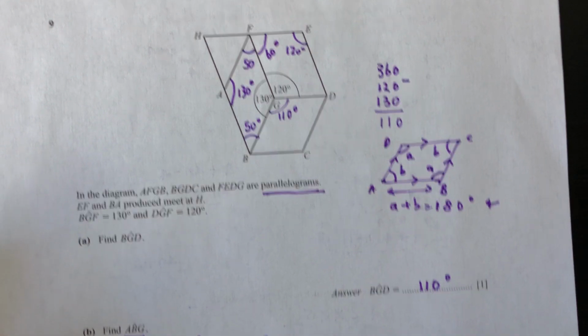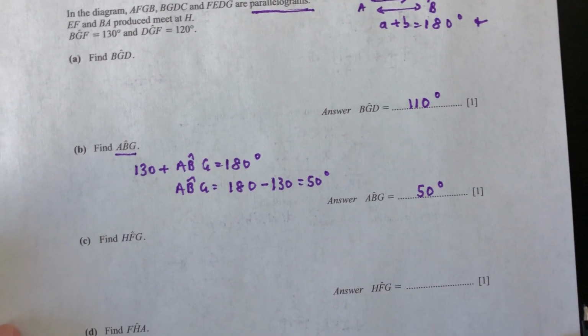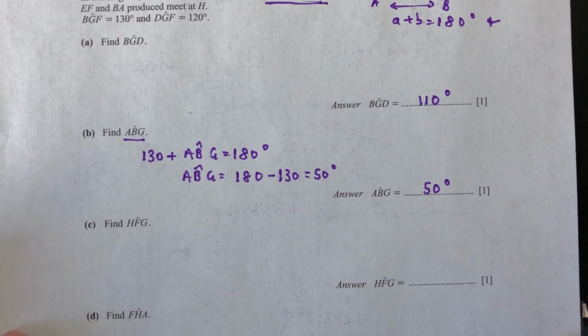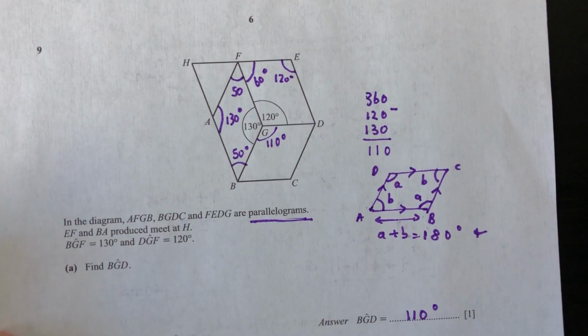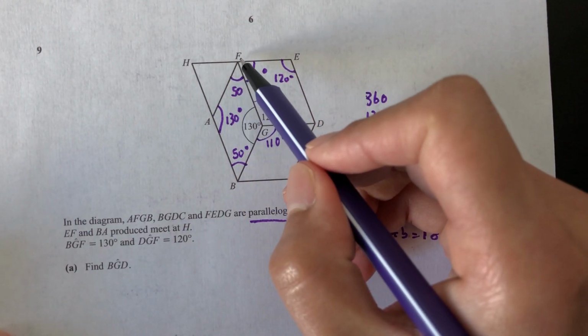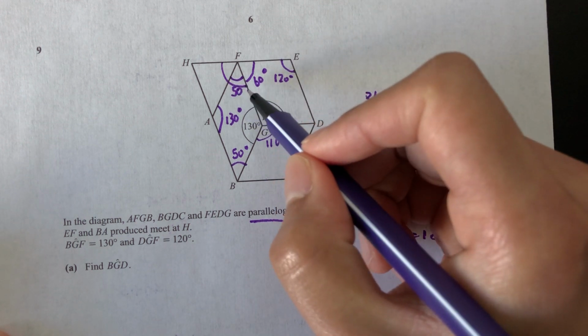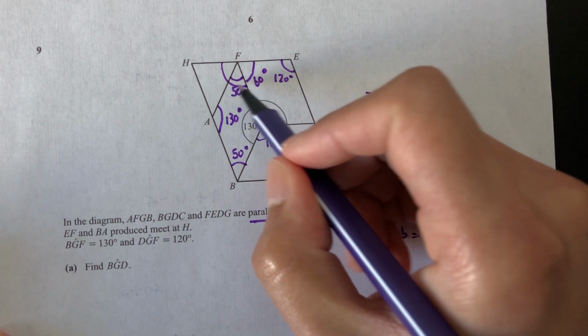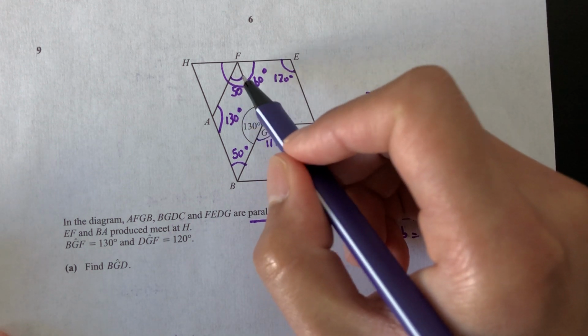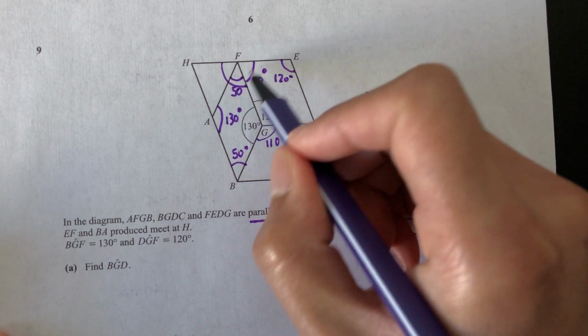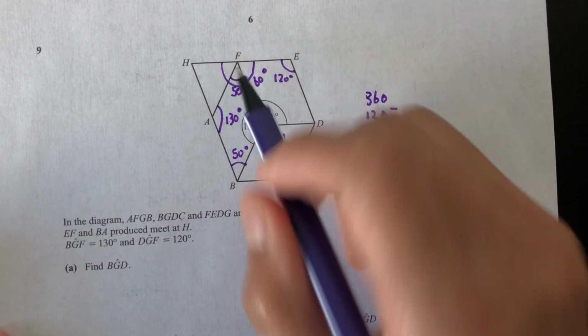Okay, so now moving on to the next part. We have to find HFG. So HFG, we have to find this big angle. So we know that the inside of the angle is 50, but we know this whole angle is 180.